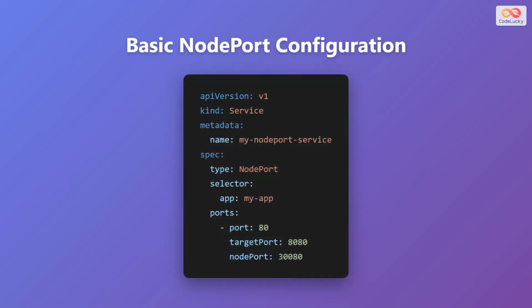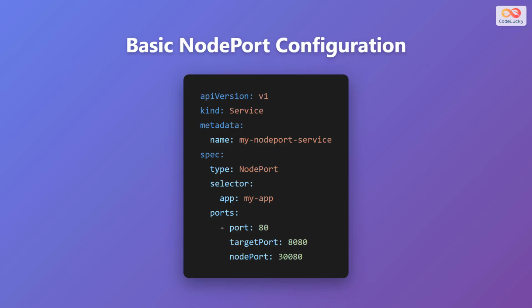Here's a basic YAML configuration for creating a NodePort service. The API version is v1 and the kind is Service. In the metadata section, we define the service name. Under the spec section, we set the type to NodePort. The selector field uses labels to identify which pods this service should route traffic to.